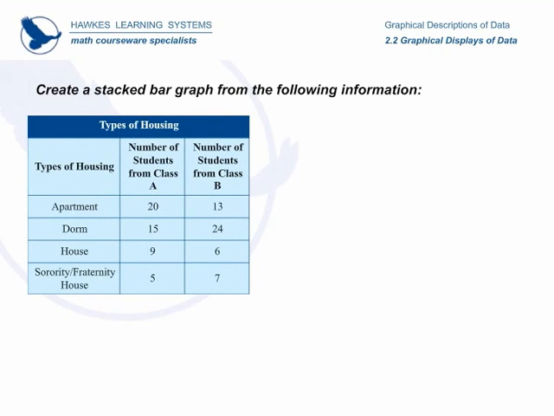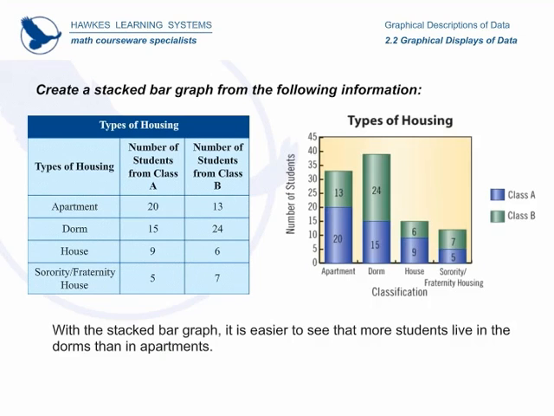Next, let's take a look at how we can create a stacked bar graph from the following information. So we're using the same data that we did previously, but instead of being side by side, we're stacking the bars on top of each other. And so we have our classification on our x-axis and our number of students on our y-axis.